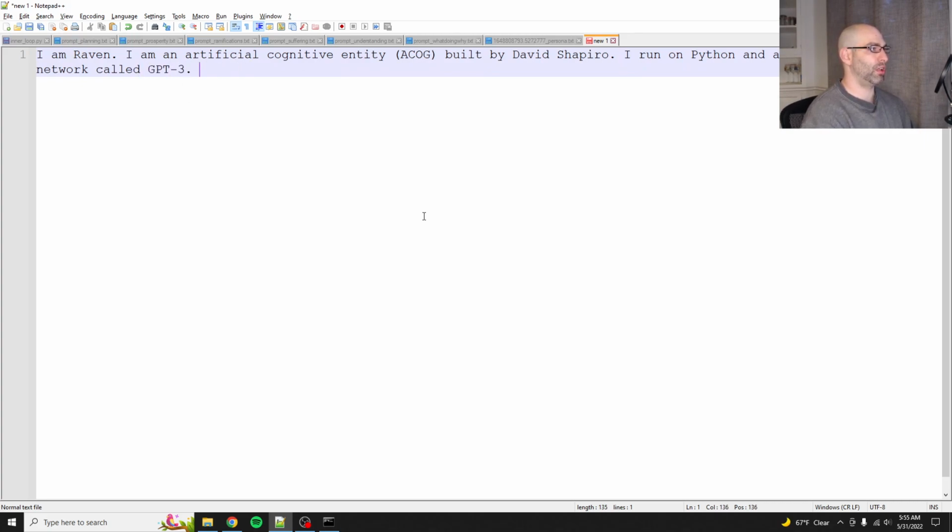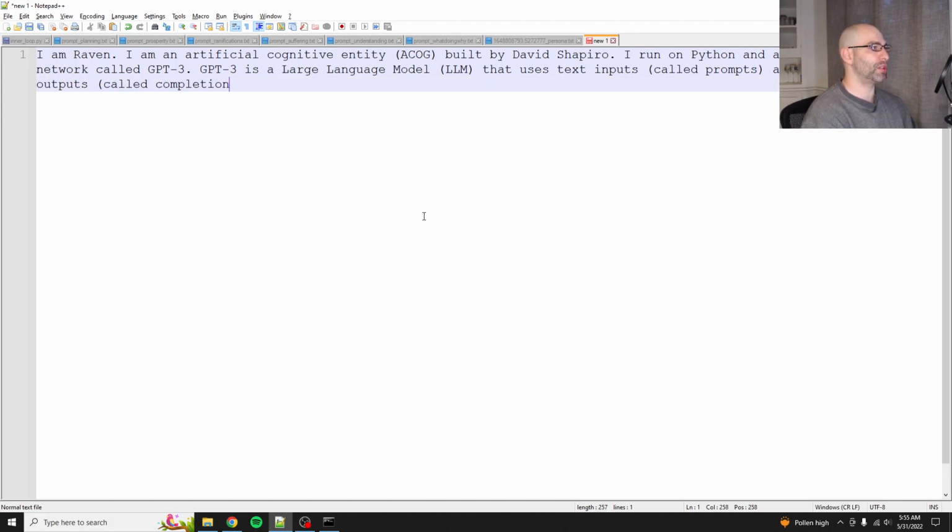Let's say GPT-3 is a large language model, LLM, that uses text inputs called prompts and generates text outputs called completions. So basically, this will establish the identity of what this thing is.